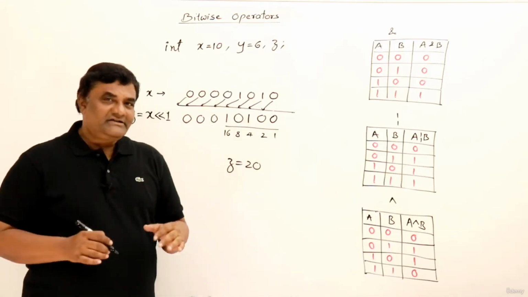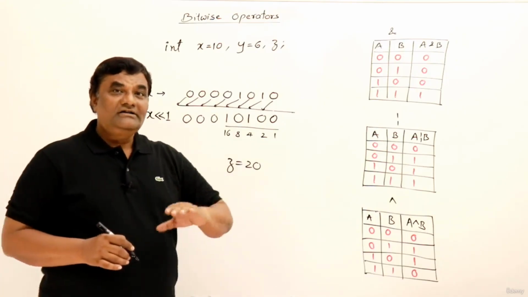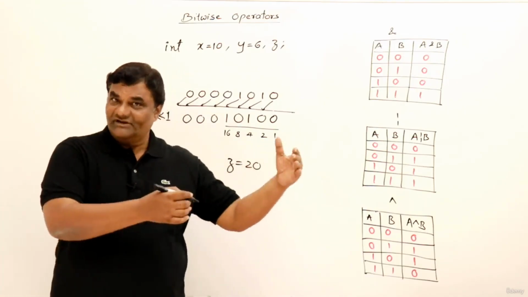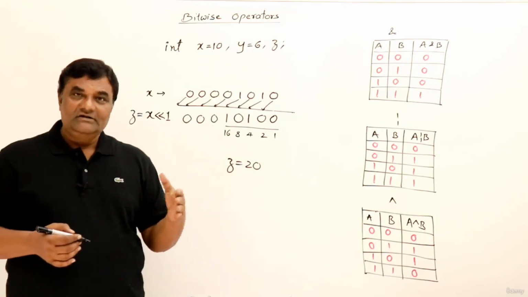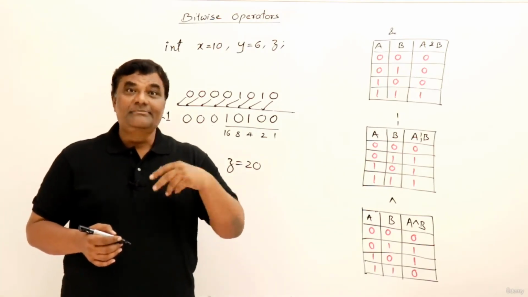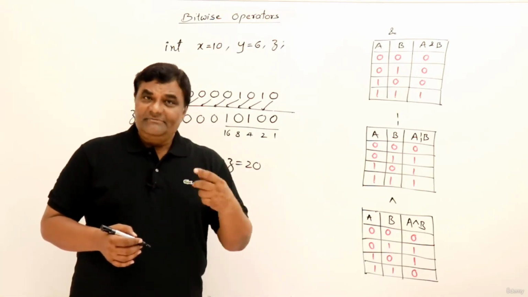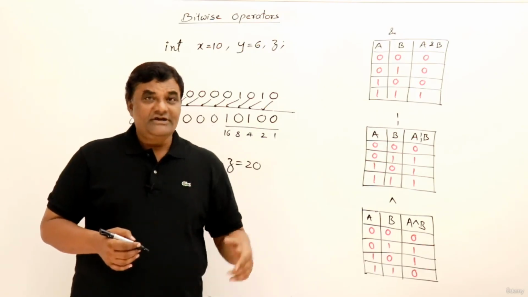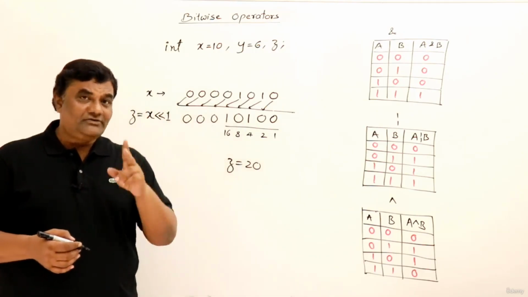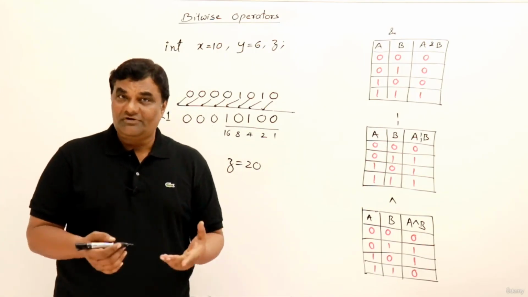Now this operation is a little bit related to arithmetic operation. When you left shift the bits of any number by one place, it will double the number, meaning it will multiply the number by 2. If you left shift by 2 places, it will multiply by 4.